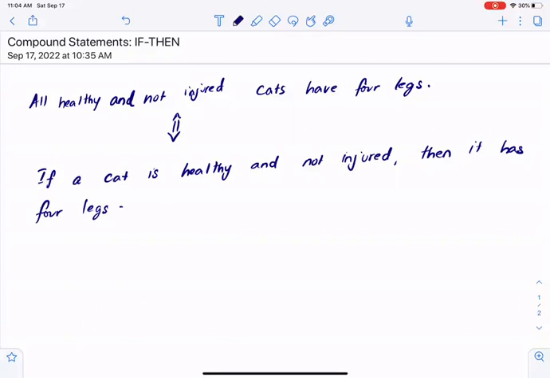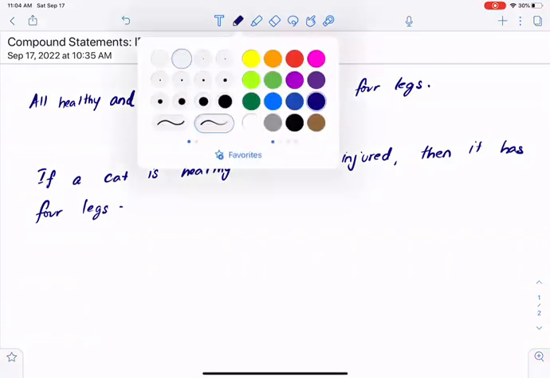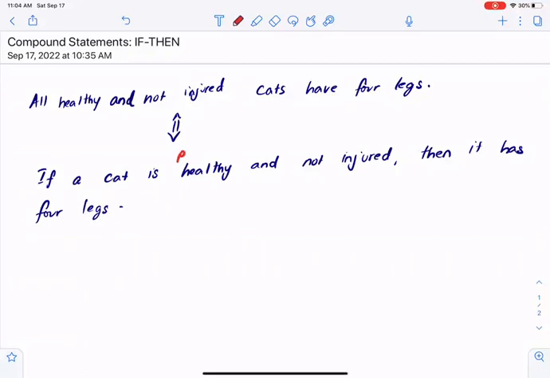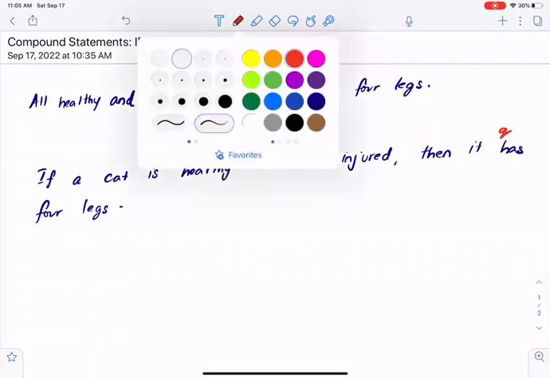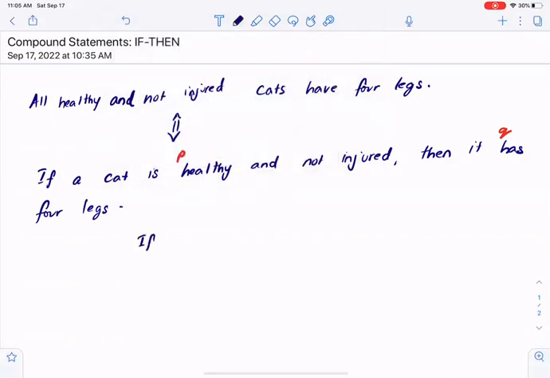So I have 2 simple statements. First one, P here, Q there. And I am saying if P, then Q.